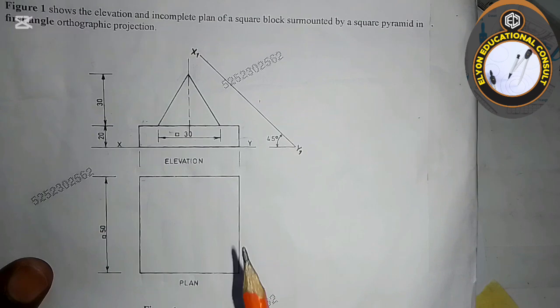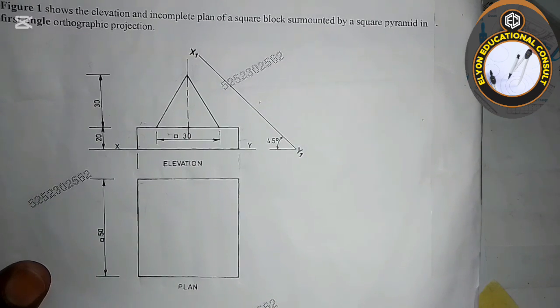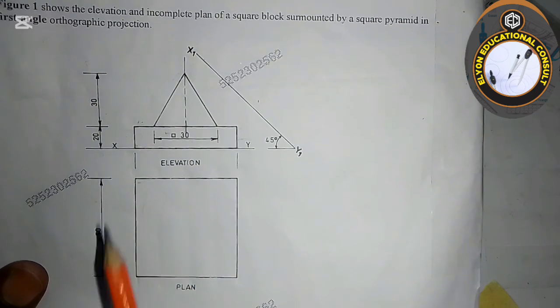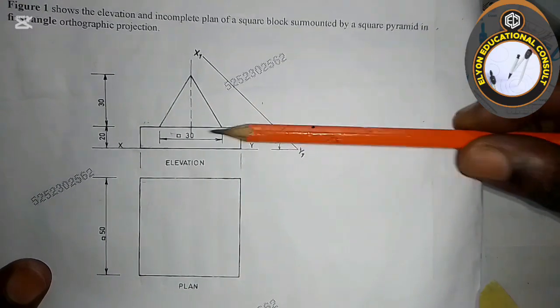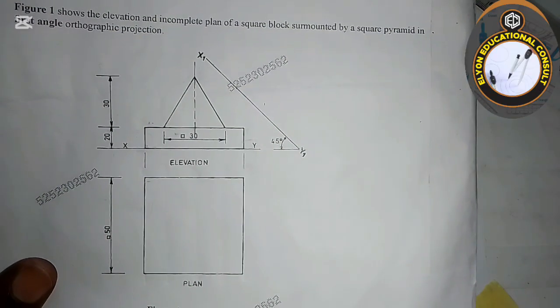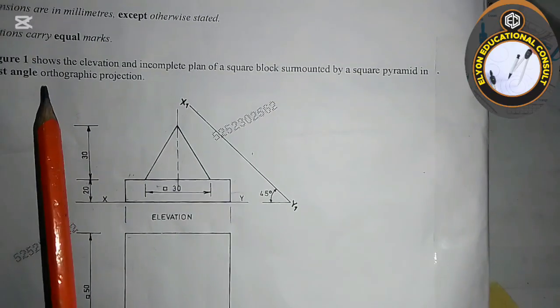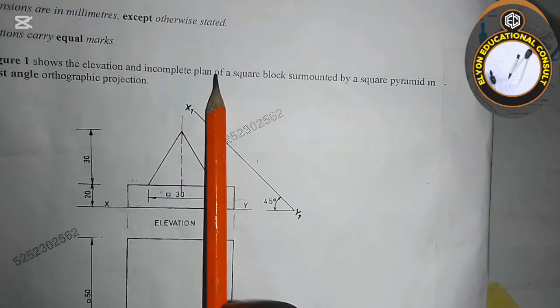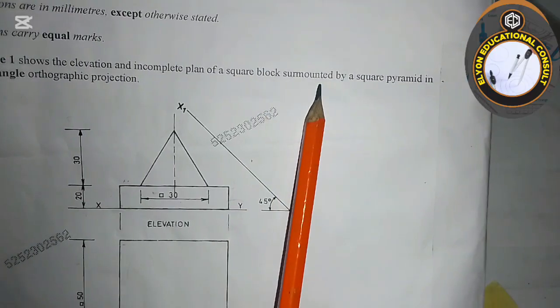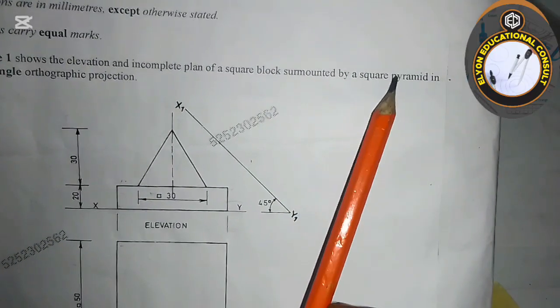If you have difficulty in that, you can take a look at my video on how to convert orthographic projection to isometric projection. So if this is the elevation, this is the plan, we have to convert. Now from the question here, figure 1 shows the elevation and incomplete plan of a square block surmounted by a square pyramid.